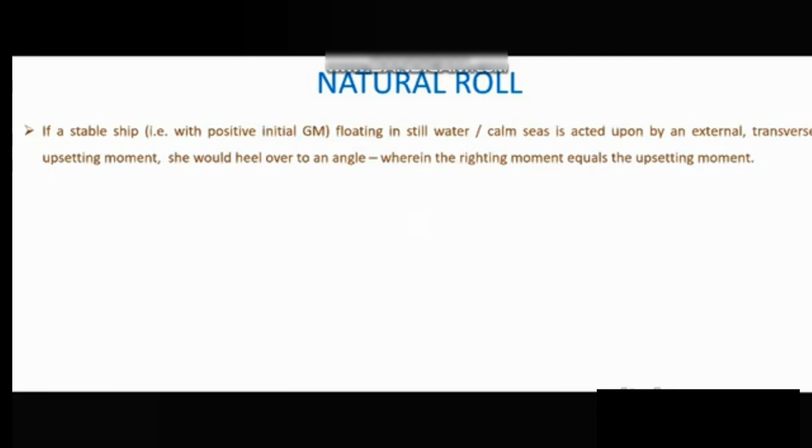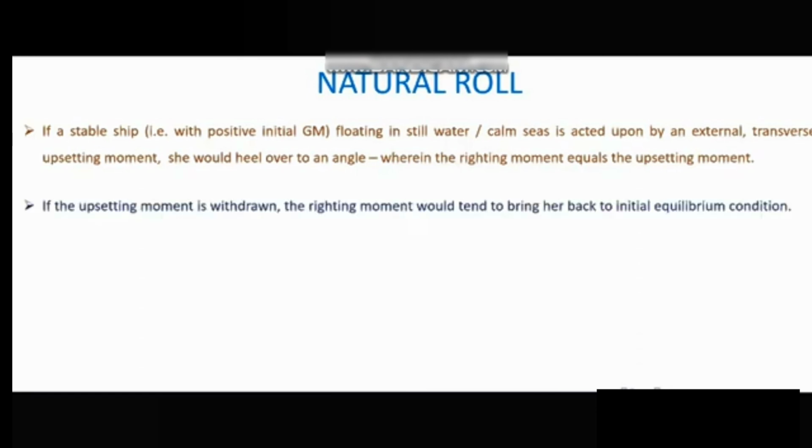But both ships will not have the same period of roll, nor the same amplitude of roll. Why? Because they have different inherent properties. Their KGs are different, leading to different GM. So different ships will have different periods of roll and different amplitudes of roll, rest everything remaining same.